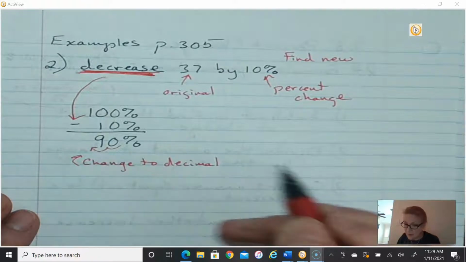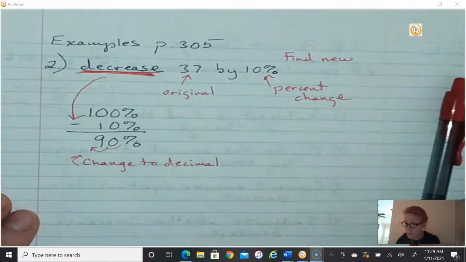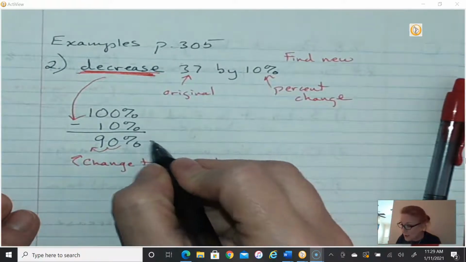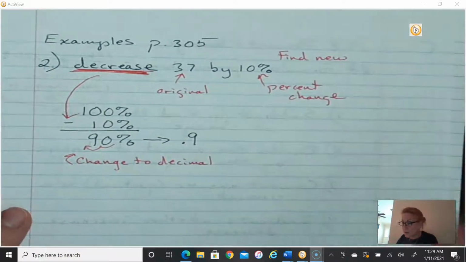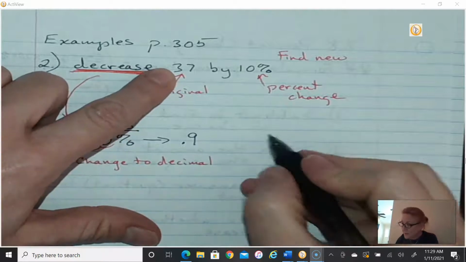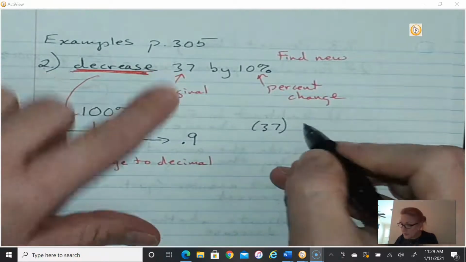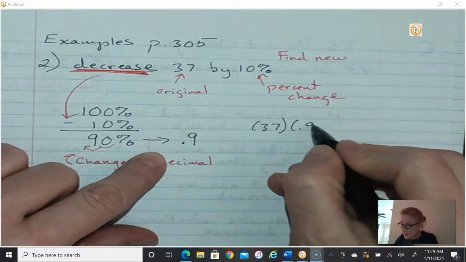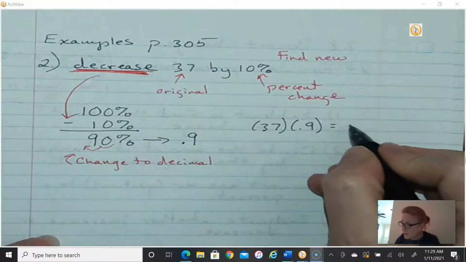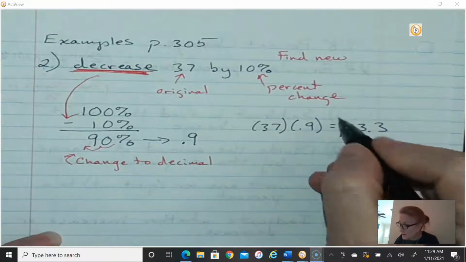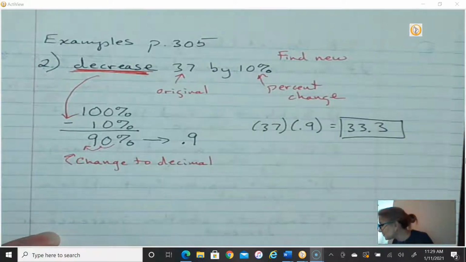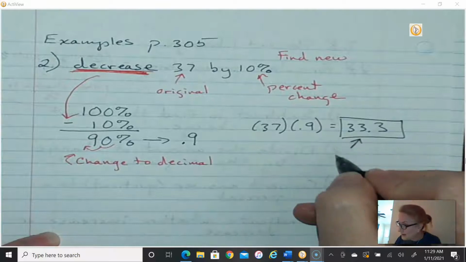We're going to move it 2 places to the left, and we get 0.9. So now we're going to go back and multiply. 37 times 0.9 equals 33.3 if you had your calculators. This is your answer. That's your new amount.